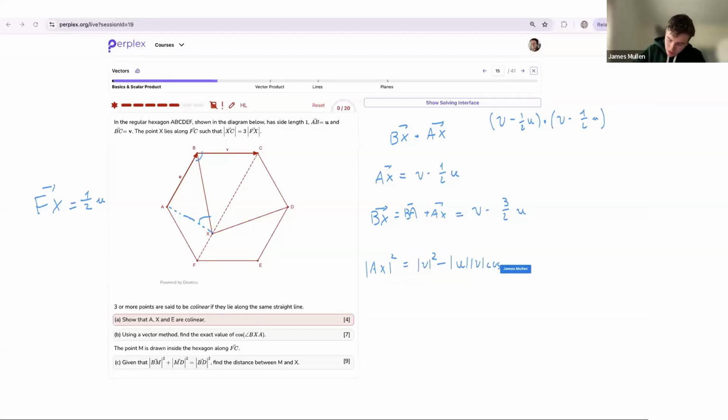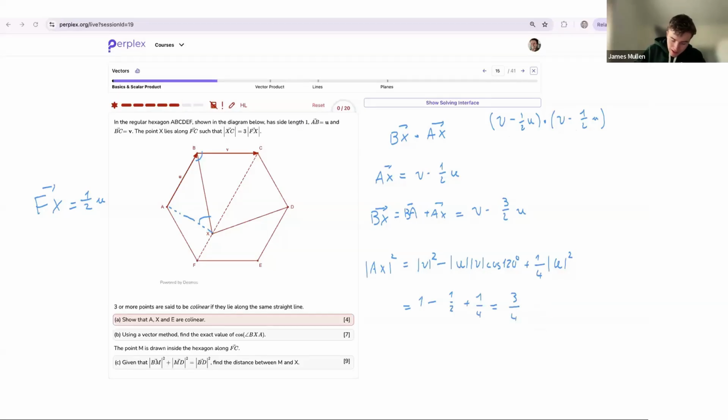So that's 120 degrees, cosine of 120 degrees, plus a quarter of u squared. Okay? Now, the cosine of 120 is going to be negative 1 over 2. So this is going to be, since v squared is going to be 1, right? Both side lengths have a length of 1. So I'm going to have 1 minus 1 over 2 plus 1 over 4. That's just going to be 3 over 4. All right, that's the length ax.